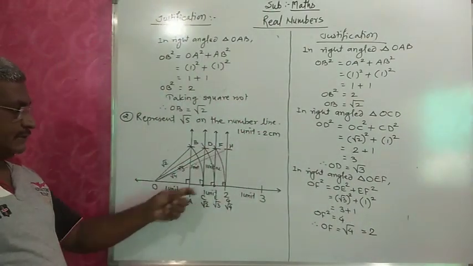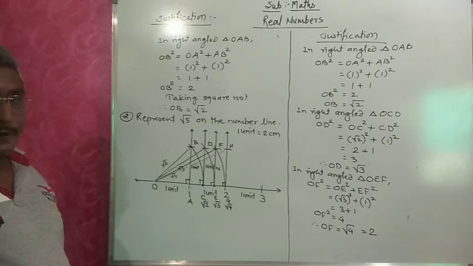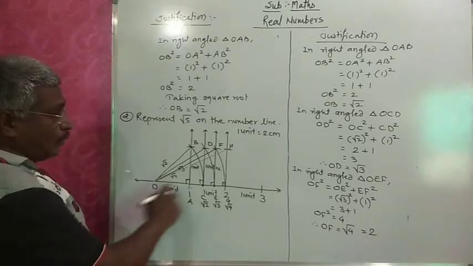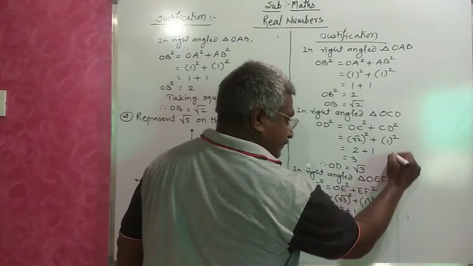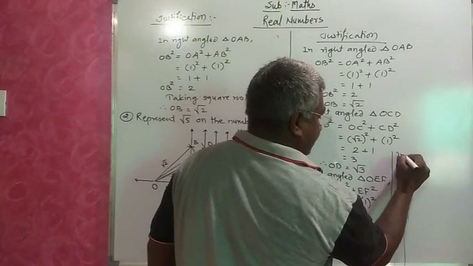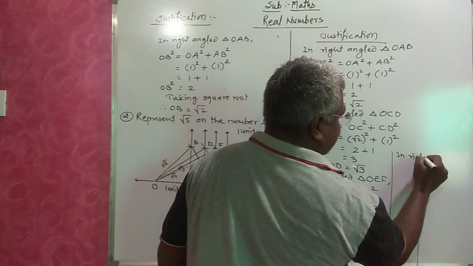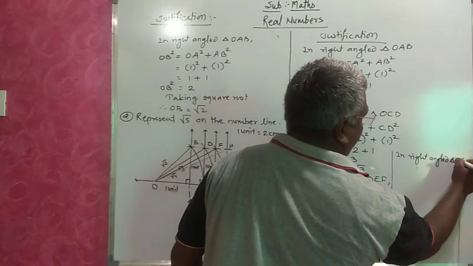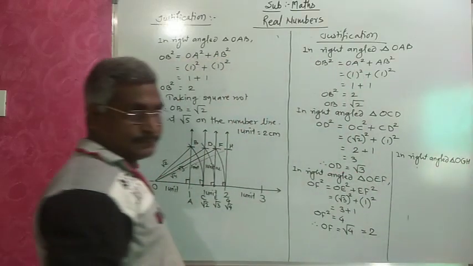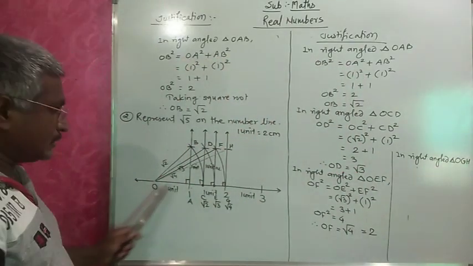Join, student, OH. Now see OH in triangle OGH. In right angle triangle OGH, what is the hypotenuse? OH.